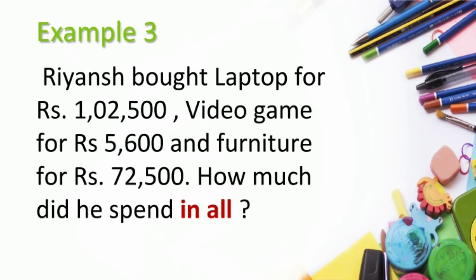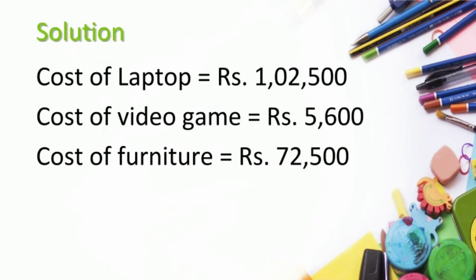Now let's take one more example. Example number 3. Riyansh bought a laptop for 1,02,500 rupees, a video game for 5,600 rupees and furniture for 72,500 rupees. How much did he spend in all? So the first sentence gives us the information.